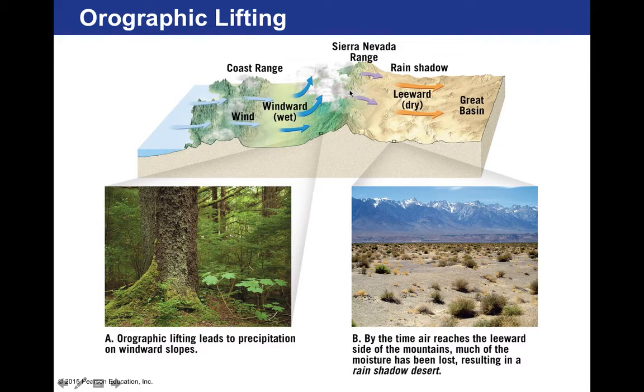That uplifting of air due to the mountain will cause the temperature of the parcel of air to decrease, increasing the humidity until you reach the condensation level and clouds start to form. On the other side of the mountain, if the air drops down in altitude, it will become much drier and you can have something called a rain shadow desert forming.